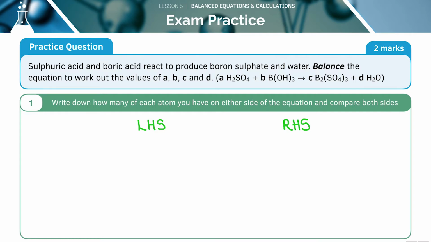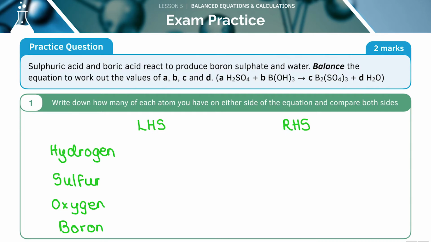So in this equation, we've got hydrogen, we've got sulfur, oxygen, and boron.